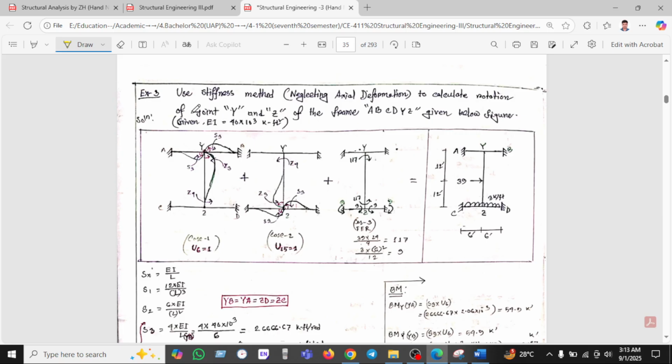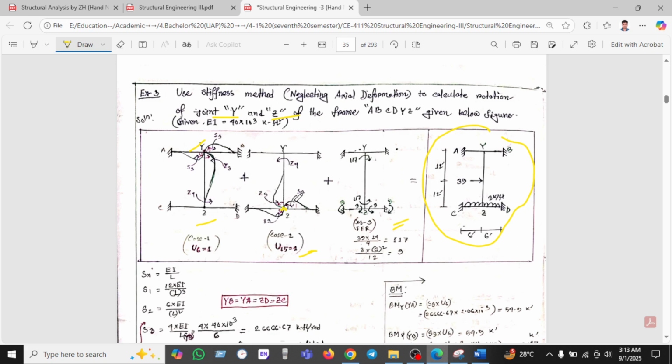So stiffness matrix, the same thing. This is our main diagram. We have to calculate the rotation at Y. This is the Y and Z, and this is the Z. So this is the fixed-end moment, and this is the U1 at this point.